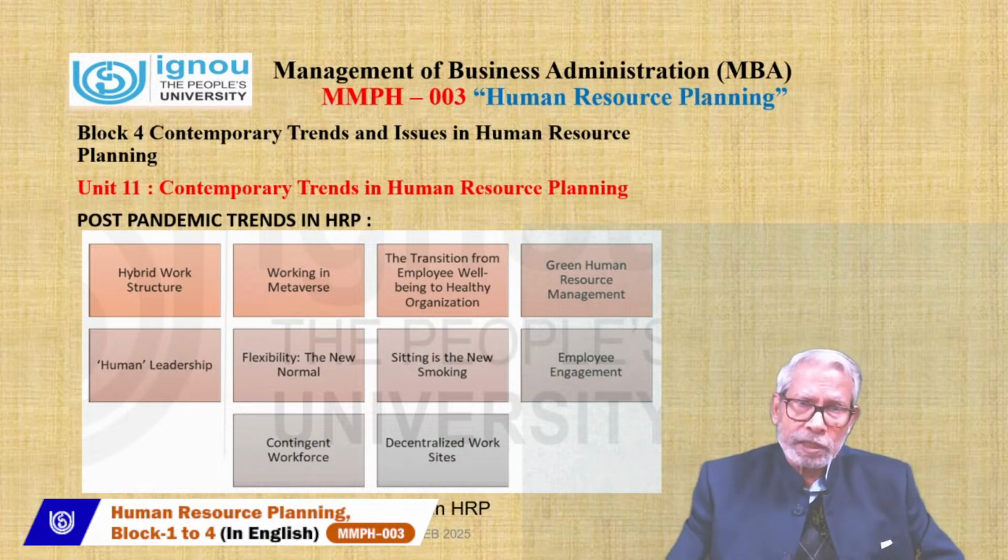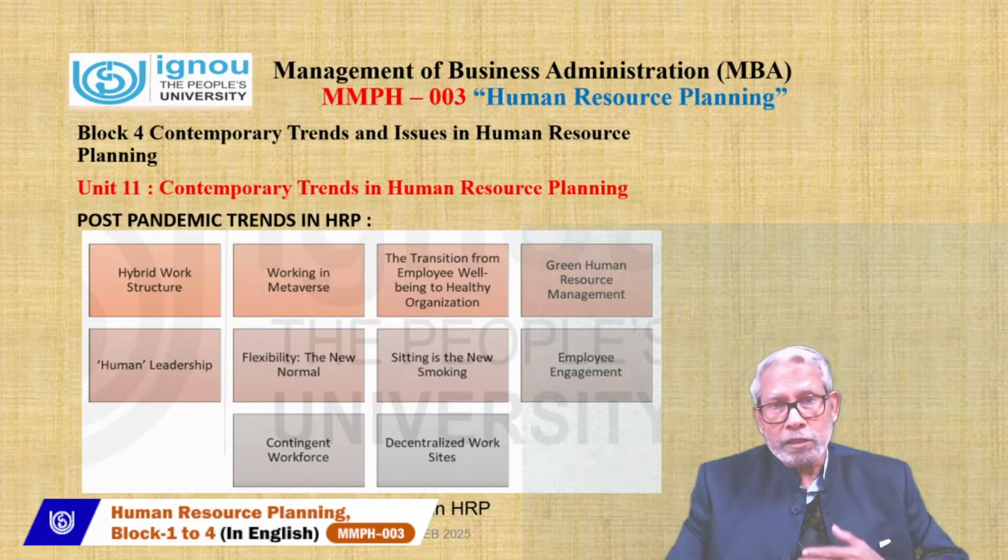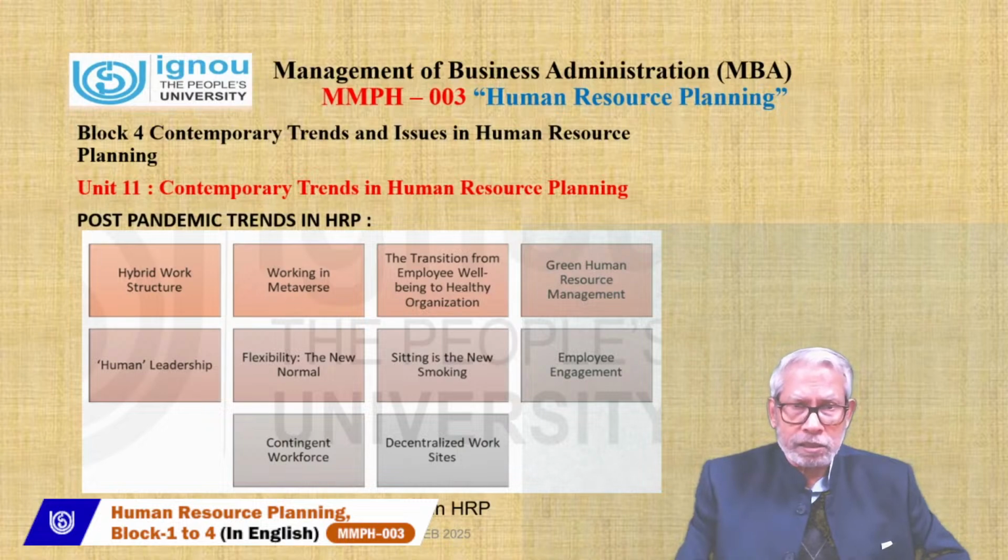Employee engagement is one very important area because of how to engage the people. Diversity is also important. Hybrid work structures are very important because people can work from home and they can go there, flexible timings, everything is structured.